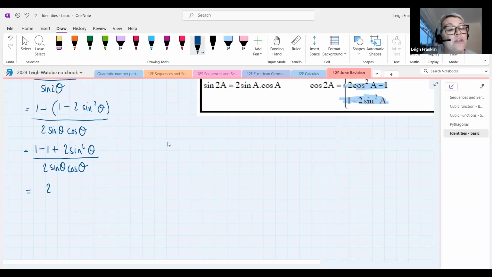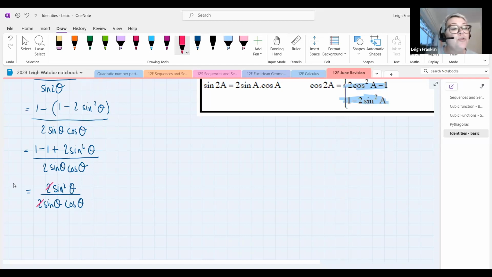And that will leave us with 2 sine squared theta over 2 sine theta cos theta. Now, we have a monomial in the numerator and a monomial in the denominator, so we don't need to factorize. There are only factors here. So we can cancel because we're not breaking any laws.